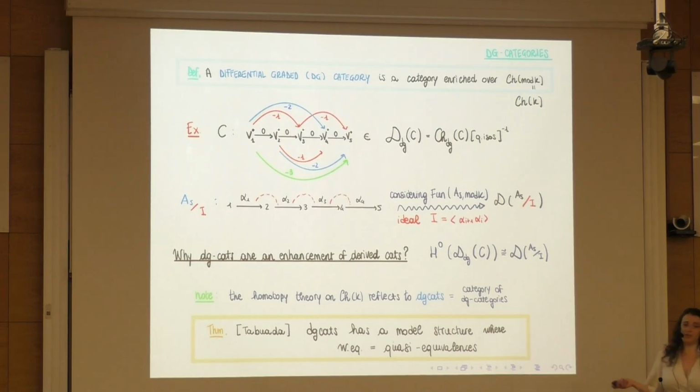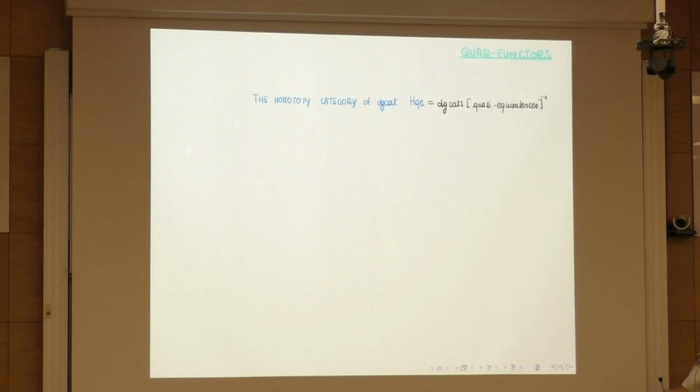Okay, so we have a model structure, so naturally you can define the homotopy category of DG category, which is the localization at these quasi-equivalences. And this is actually the setting where we want to work. And as Martina also underlined in her talk, when we want to work with well-defined objects and functors in this homotopical setting, and in derivators we actually want to define a diagram category, we need well-defined functors.